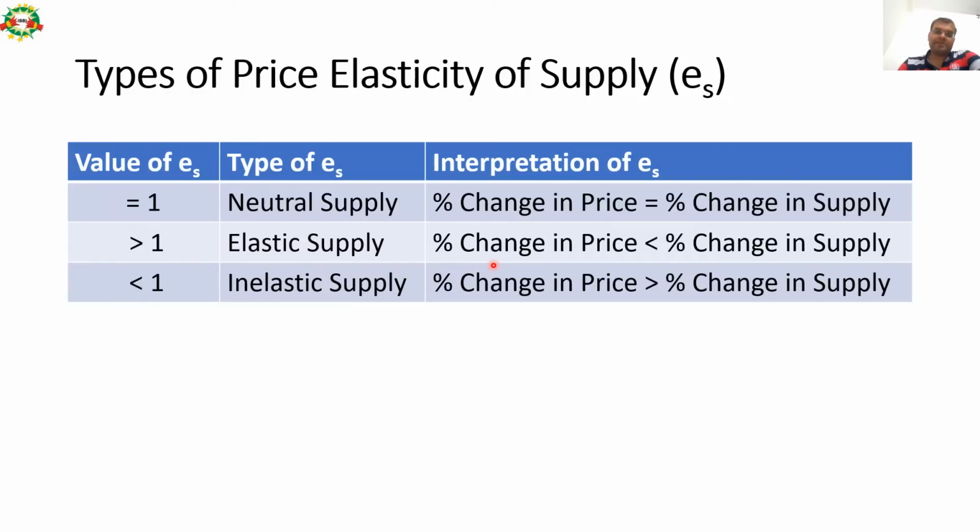And in this case, percentage change in price will remain less than percentage change in supply. However, if it is less than 1, then it is called inelastic supply. Here percentage change in price will be more than percentage change in supply.